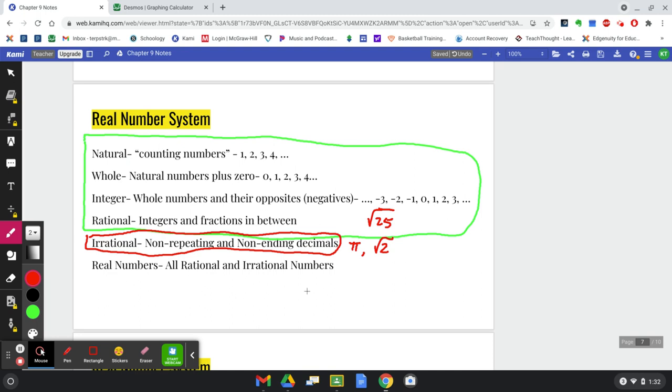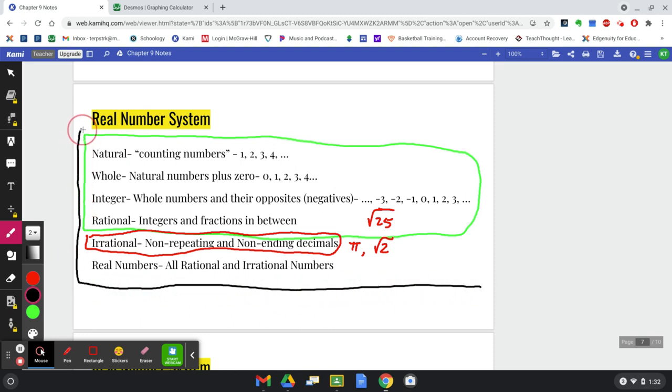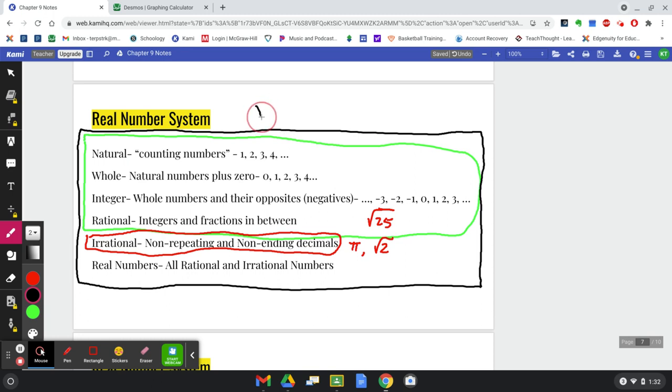And then real numbers. All of these sets are considered real numbers. They're not made up, they're not make believe. You might be saying, okay, well, what is not a real number? And I'll relate it to what we talked about in 9.1. The square root of -9 is not a real number.